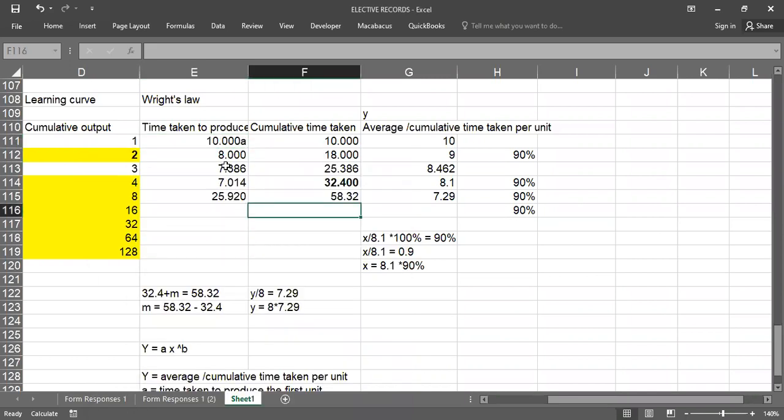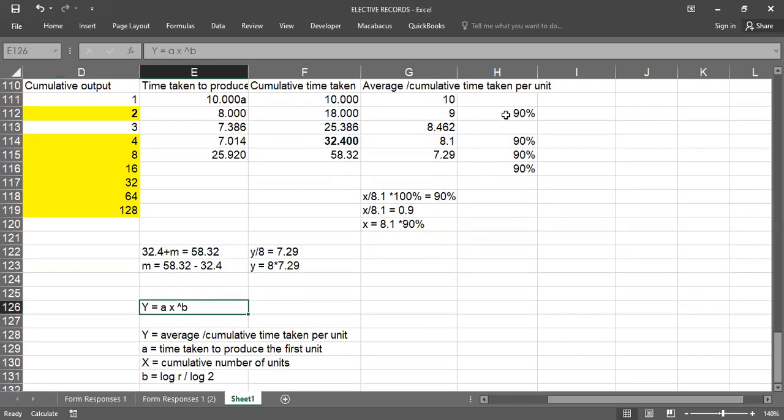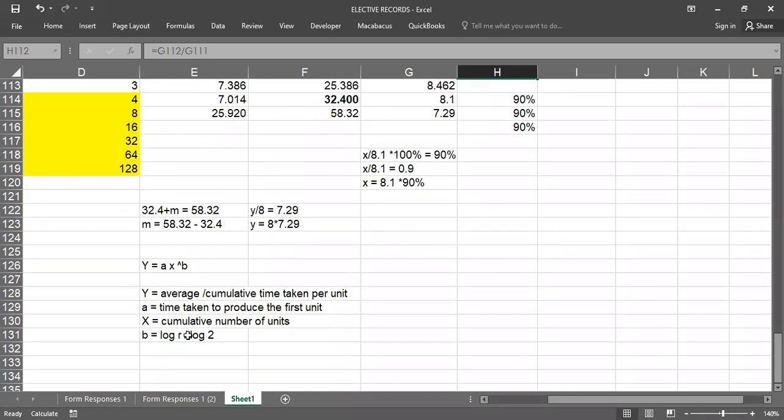As long as you have the first unit, the time you take to make that first unit is a. So in our formula, the 10,000 will be the a. Then X will be of course 1 or 2 or 3 depending. Then b, I already told you, just apply this rate here. It's log r over log 2.